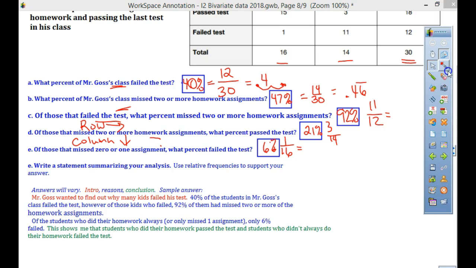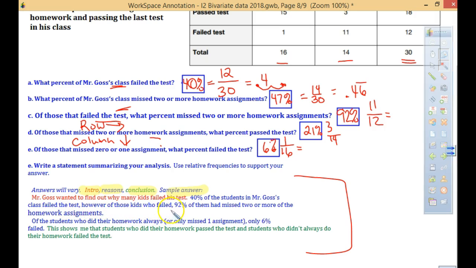When you are writing your answers for this, you want to be thinking of an introduction, the reason, and a conclusion. A sample answer: a lot of times in your homework, you might see something like this. Mr. Gross wanted to find out how many students failed his test. That was what we were initially trying to look at. 40% of the students in Mr. Gross' class failed the test.